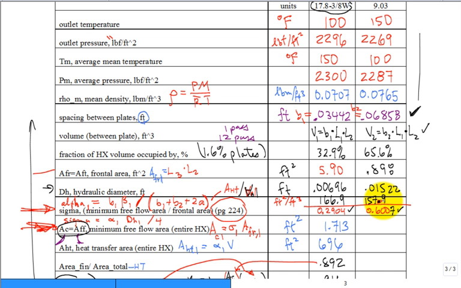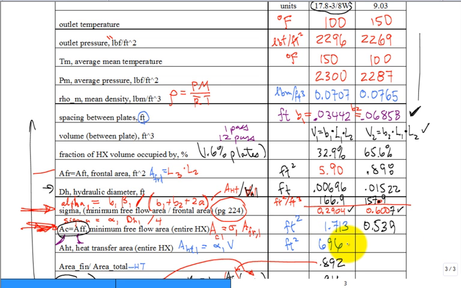So 100% of the area to 30% for fluid passage 1, and then it's 60% for fluid passage 2. All right, what about that minimum free flow area? This is for the entire heat exchanger, and it's 1.714 or 1.713, and then 0.539. That's foot squared.